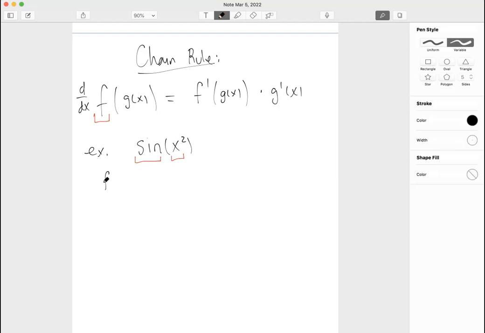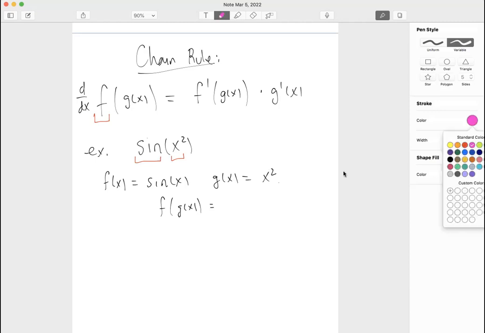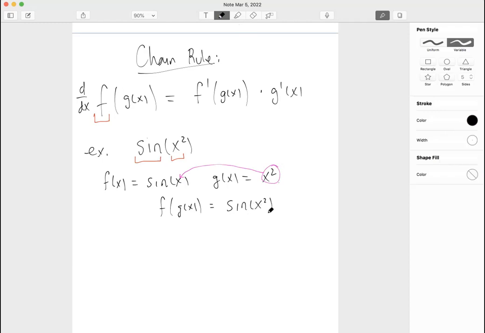So if I let f of x equal sine and g of x equal x squared, notice that if you take f of g, that means you plug x squared into x in f, and you get sine of x squared. Does that make sense, like how that's a composition?